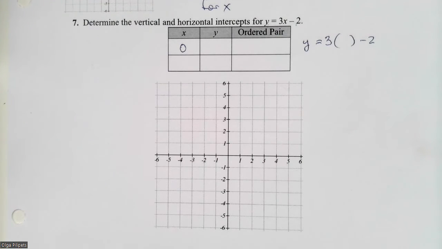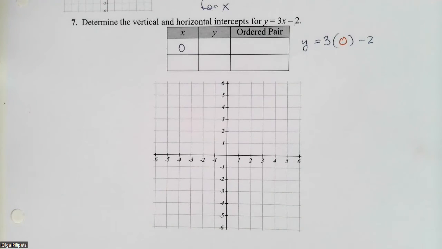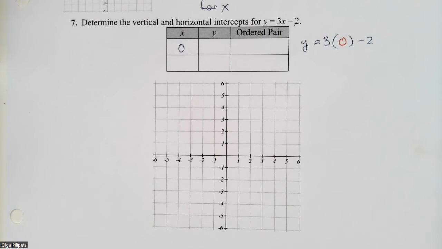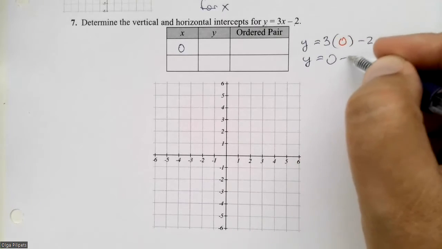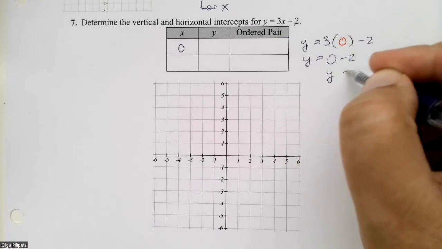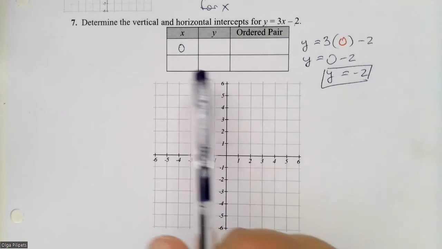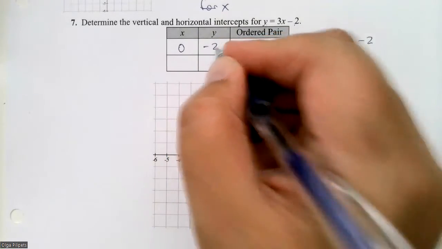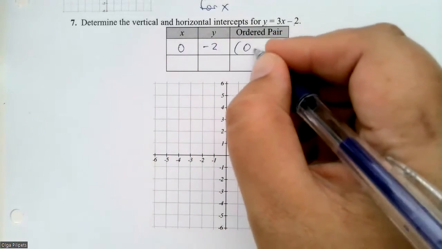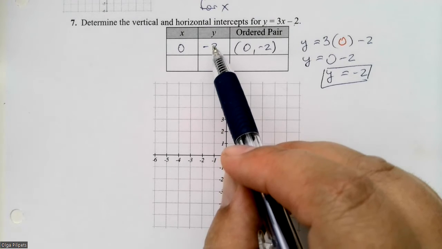Now we're gonna put in 0 here for our x, and keep solving. So y equals 3 times 0, which is 0, minus 2. So y equals -2. When the x value is 0, the y value is -2. So our ordered pair is (0, -2). All right. So that's the vertical intercept.